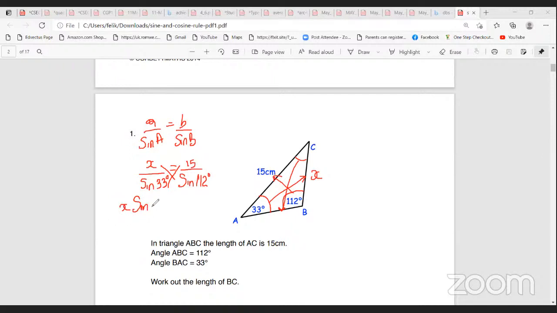x sine 112 degrees equals 15 sine 33 degrees. Let's make x the subject.